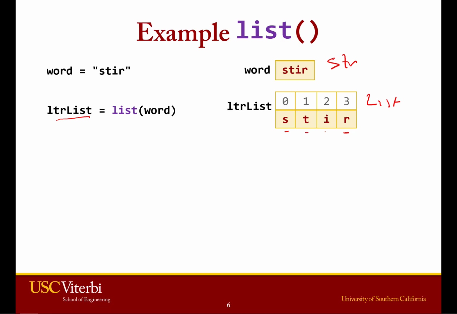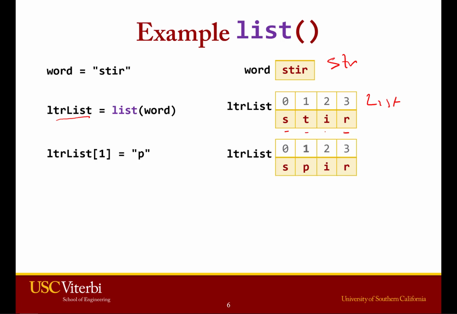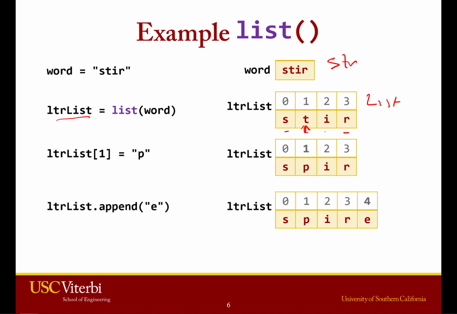But now, since a list is mutable, we can do some manipulation. Like I could say letter list bracket 1 equals p. What that's going to do is look at index 1, and replace the t with a p. It's much easier to do this with a list than it would be with a string. Also pretty easily, I can now append. Because we have a list, I can add things onto the end, just like that.